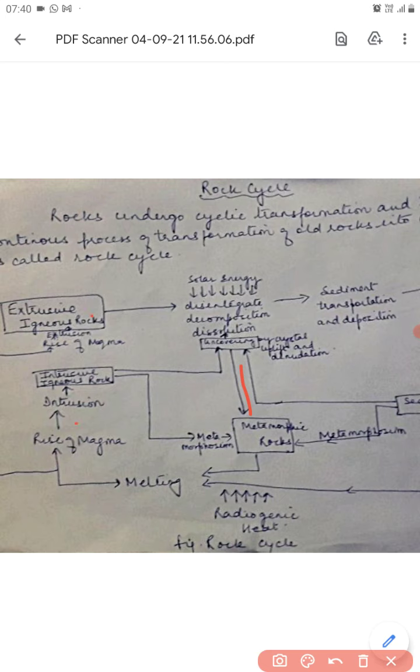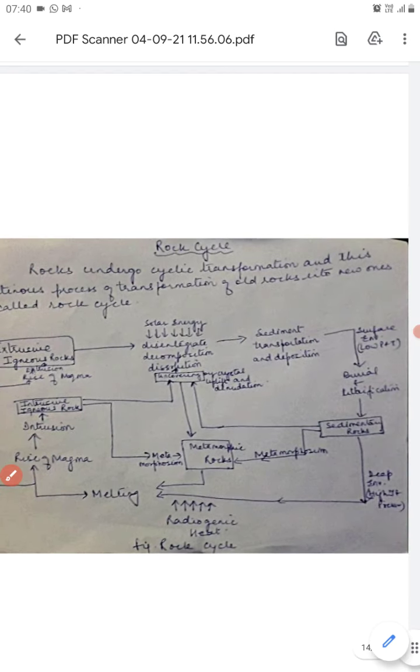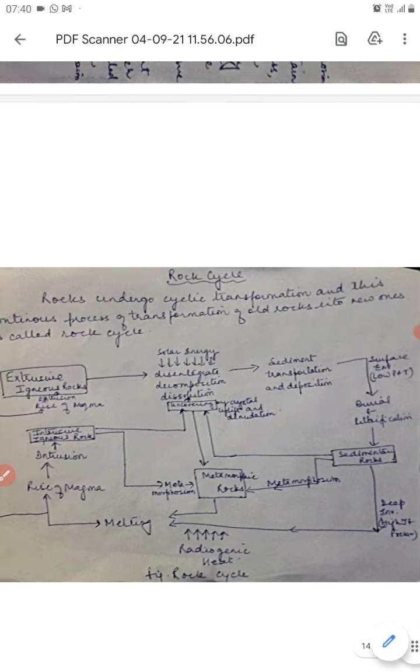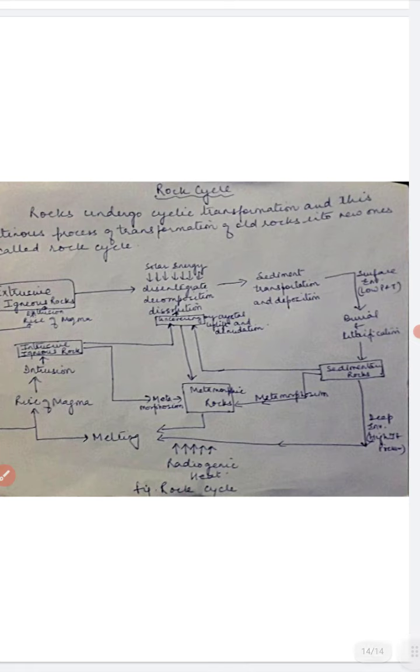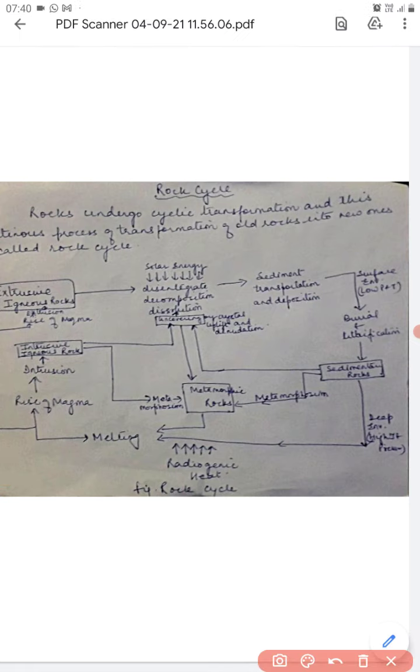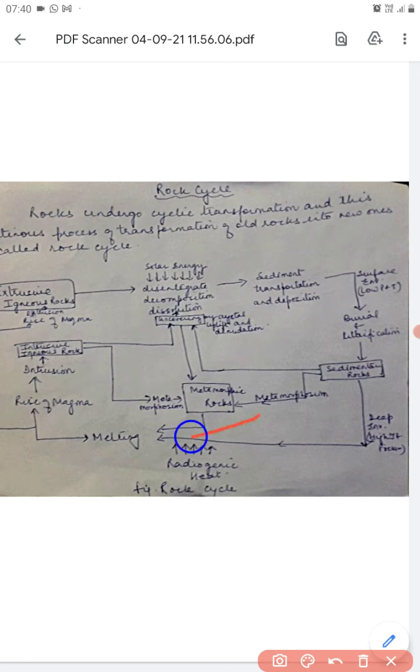Extrusive, intrusive, forms sediments, and after forming sediments, layering of the sediments takes place, as a result of which the sedimentary rocks are formed. And sedimentary rocks undergo the process of metamorphosis to give rise to the metamorphic rocks, right?